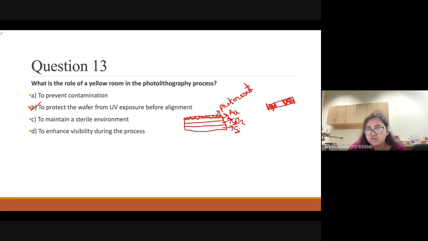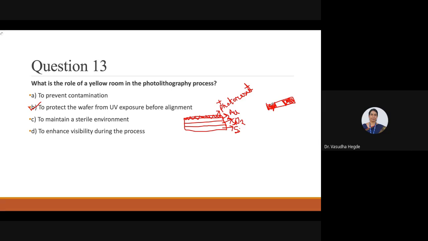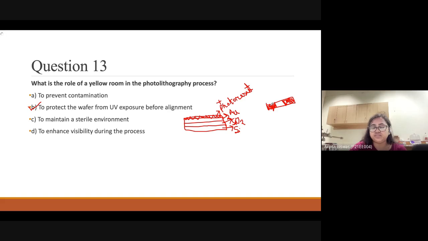Tell me, if we use the bright field, with positive photoresist here and this type of mask, what type of structure will we get? We will have only the middle portion. See, here the photoresist layer is present, I am showing only this portion, not the total.